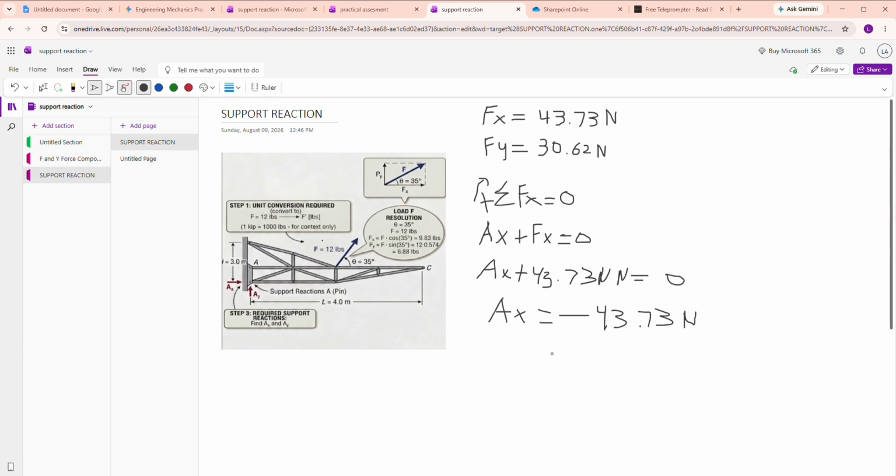The negative sign indicates that Ax acts to the left with a magnitude of 47.73, countering the right pull of Fx.